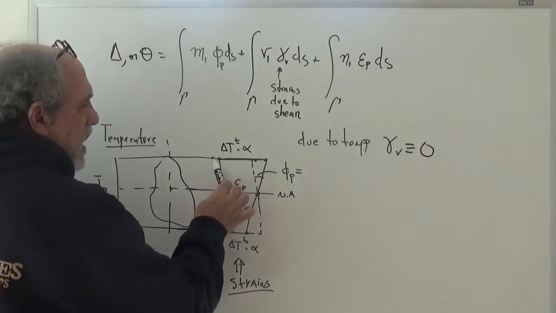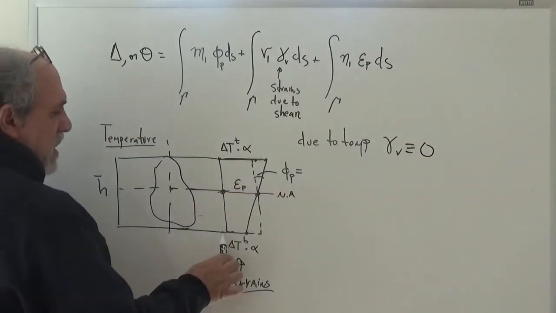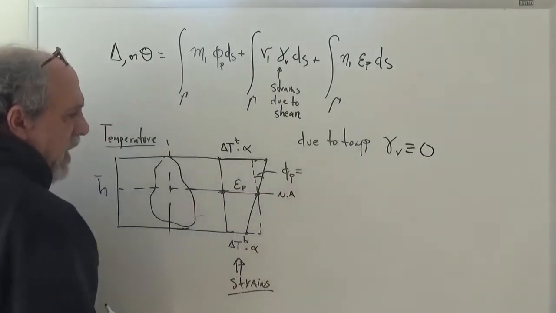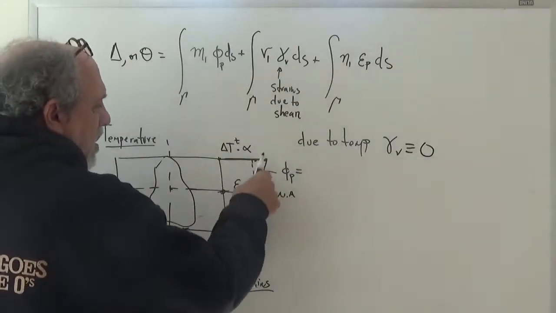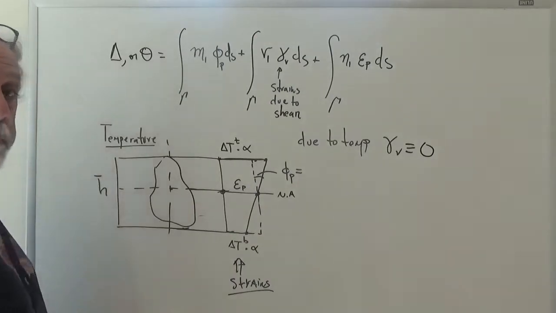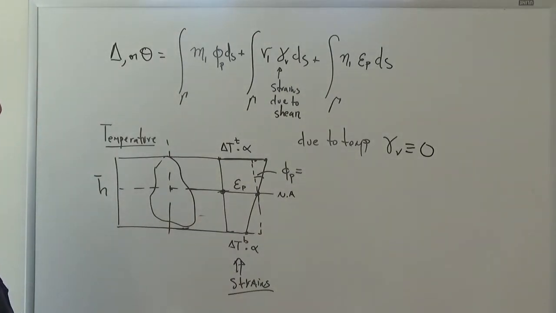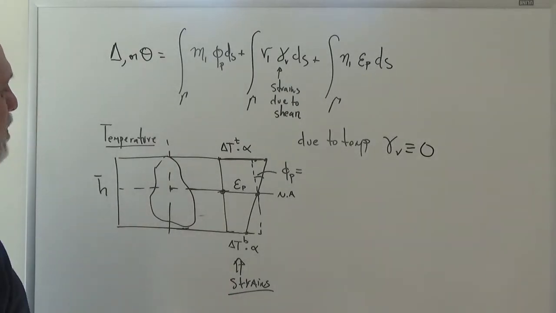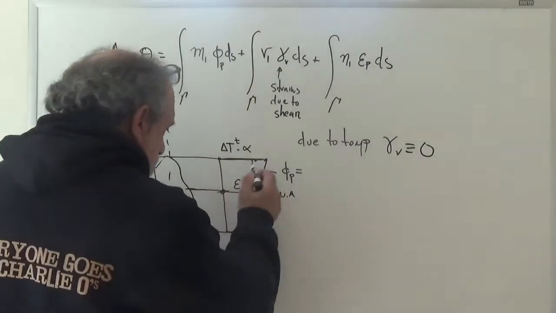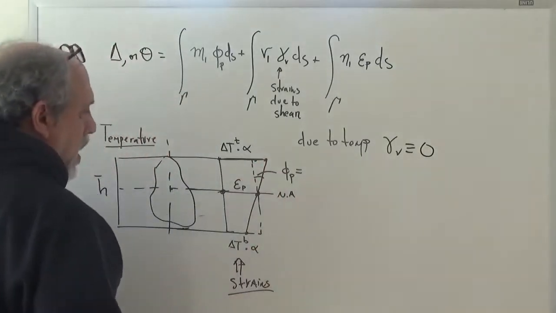You plot the delta T times alpha at the top, the delta T times alpha at the bottom, join them linearly, whatever is happening in the neutral axis is EP, and the angle that it forms is Vp. That's it. Okay? Now I can give you formulas if you want for what those things are, but I personally would prefer to say, just draw the thing, calculate what it is.